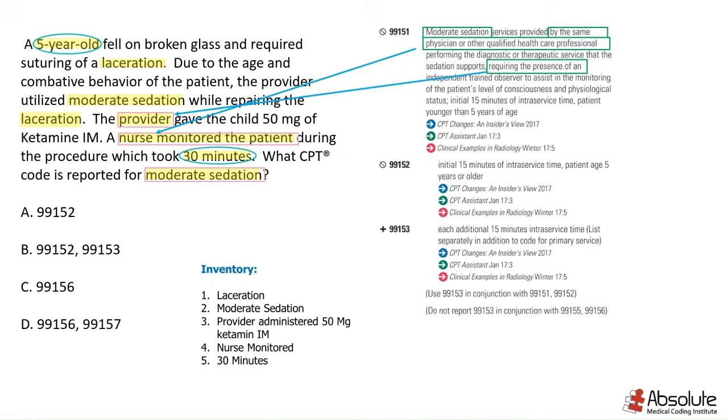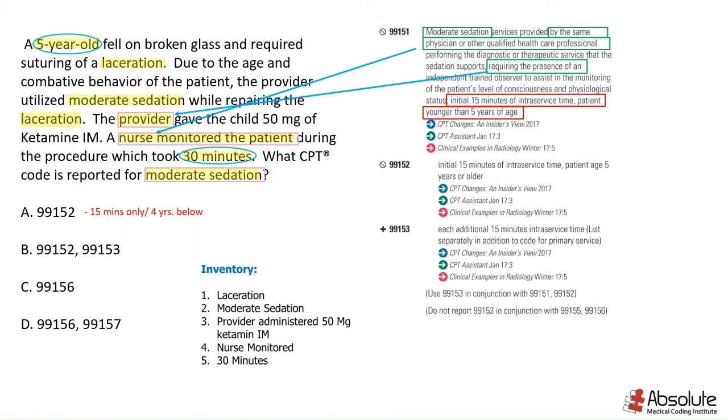So let's look at 99152, which is for moderate sedation by the same physician or qualified healthcare professional, initial 15 minutes of intra-service time, patient age 5 years or older. That is also a good code, but it is incorrect because it only codes for the initial 15 minutes.